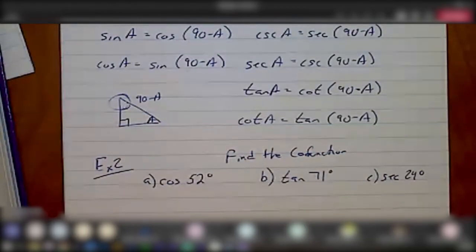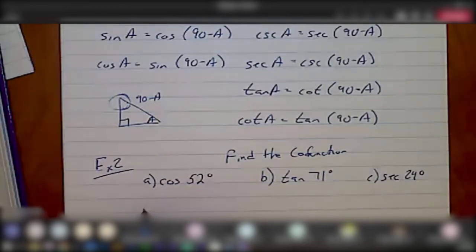All right, again, I'm going to do this the long, painful way. So when you're saying, do I have to do it this way? No, but I'm showing you this because if it gets algebraic, this is how you're going to want to do it. So I know that the co-function for cosine is sine.